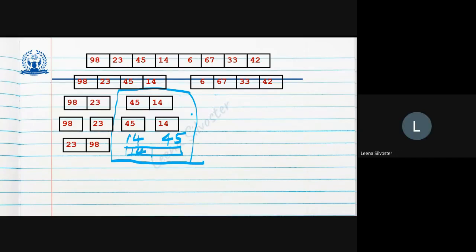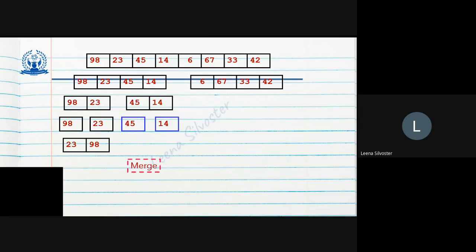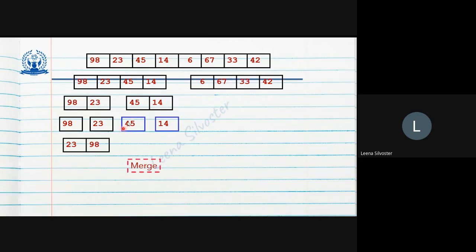So we will get 14 and 45. Okay. So don't add these elements into this set. So we are having two single sets 45 and 14. 14 is smallest. So 14 is moved first. Then after that 45. So a two element set.